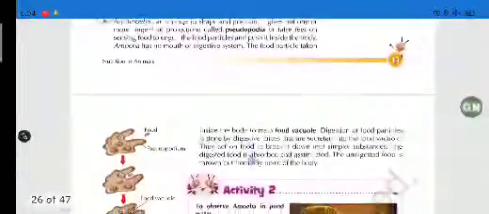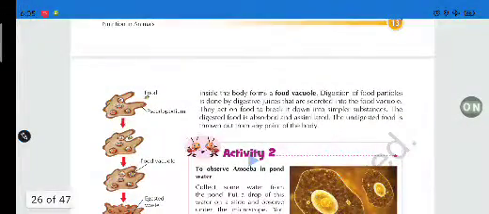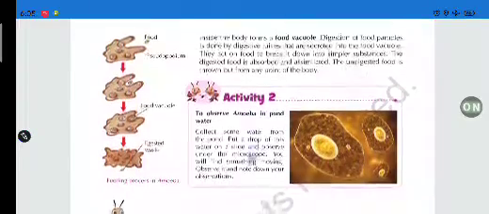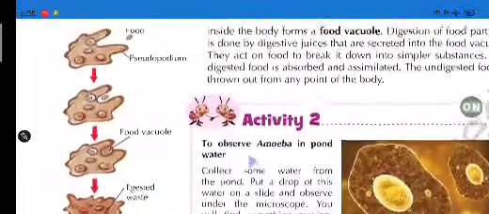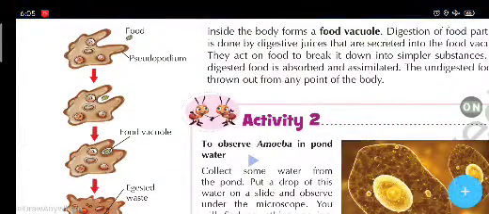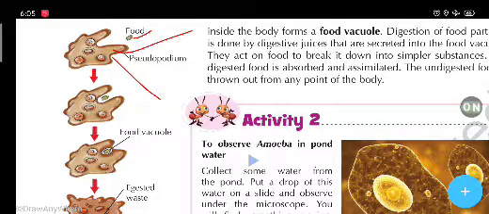The food particles taken inside the body form a food vacuole. Digestion of food particles is done by digestive juices. So overall, students, I can tell you how nutrition takes place in amoeba. Let me zoom this picture of amoeba. This is the amoeba, and here are food particles, and these two are pseudopodia.